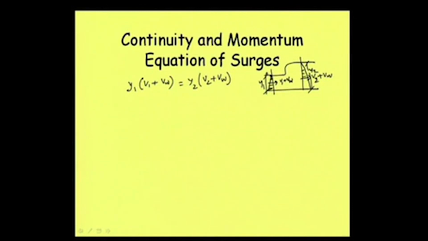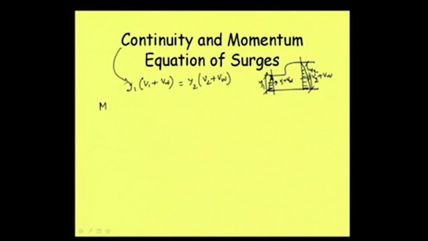Pressure here is rho g into y1, or w y1, and the area of this triangle will be half of rho g y1 square.